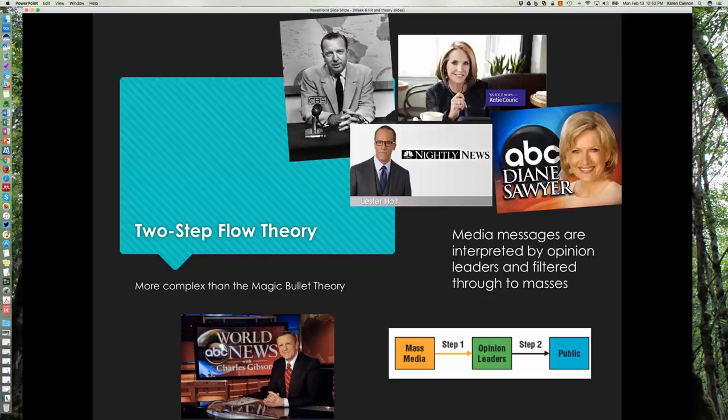And so you can see here on this slide several very prominent mass media people, all broadcast faces here. And this old guy in the black and white photo is Walter Cronkite, just so you know who he is. Some of these others you probably know and are familiar with. There is also discussion in this idea of two-step flow that newscasters kind of started to play a role in opinion leadership as well, because you see the same face night after night.